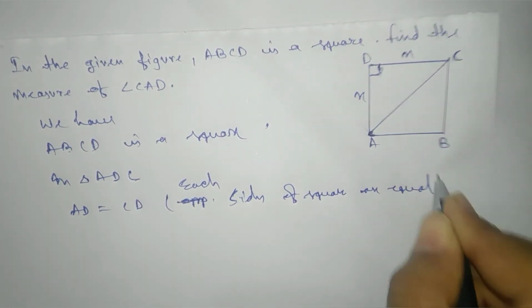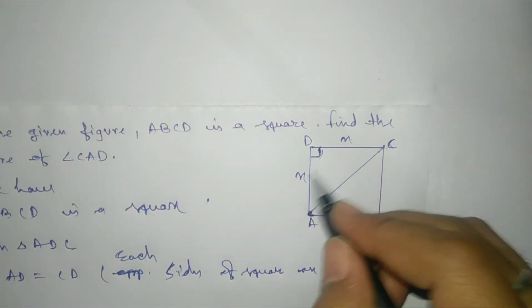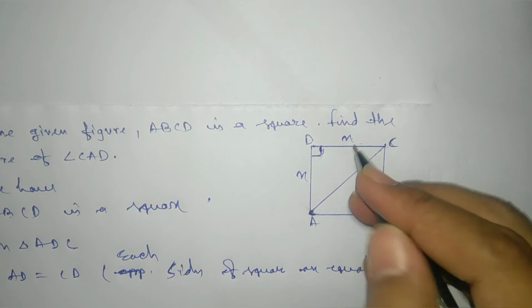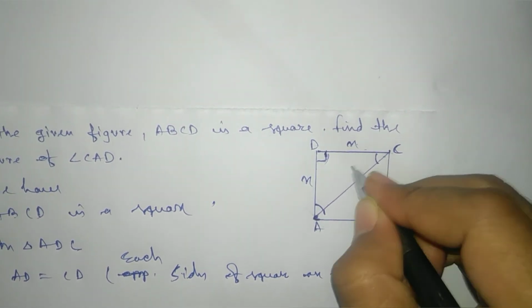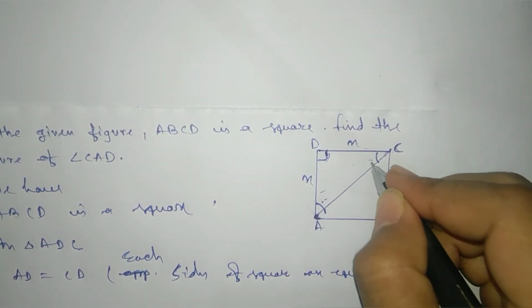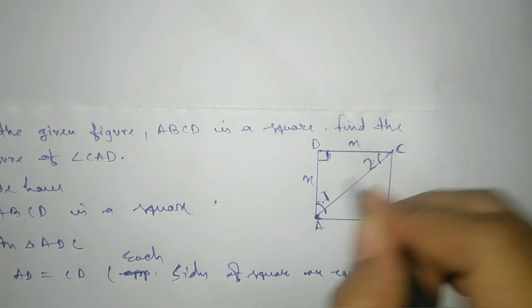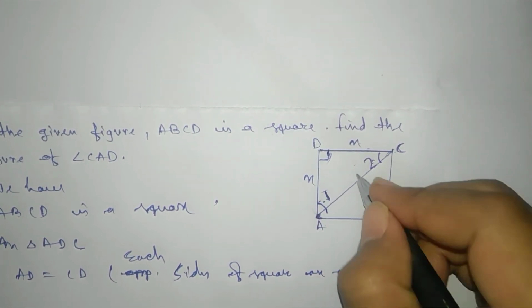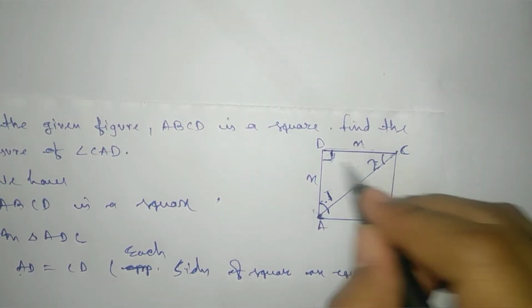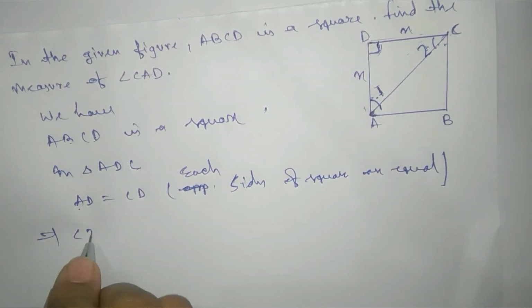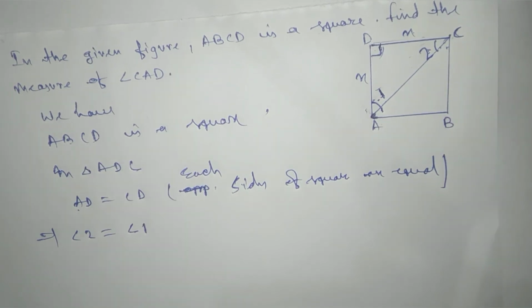And if sides are equal in a triangle, then their opposite angles must be equal. That means this angle must be equal to this. If we name them 1 and 2, then angle 2 equals angle 1.